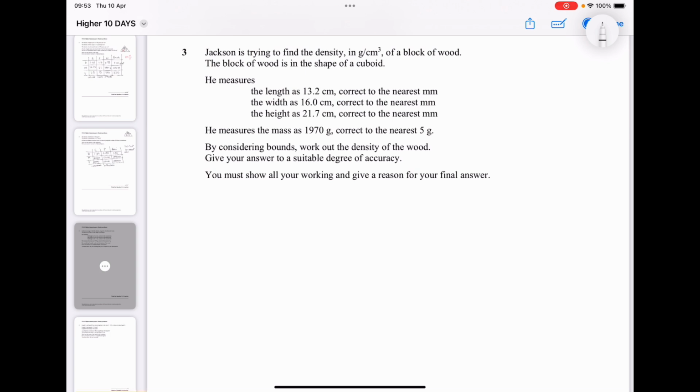Okay, so we've got a bounds question. So the first thing is, I'm going to write my bounds. So nearest millimetre is 0.1 of a centimetre. So first of all, for length, that is 13.15 and 13.25.